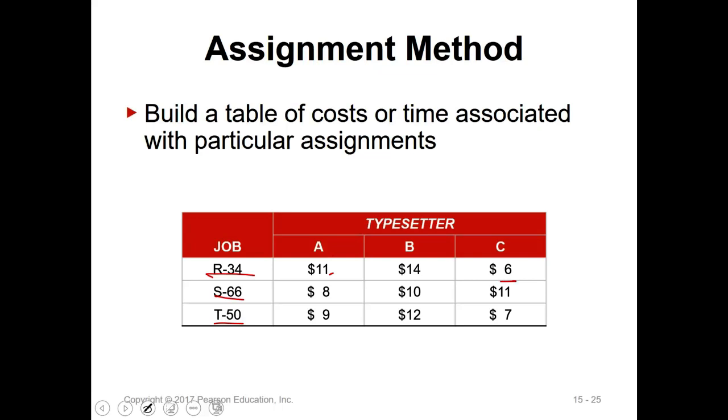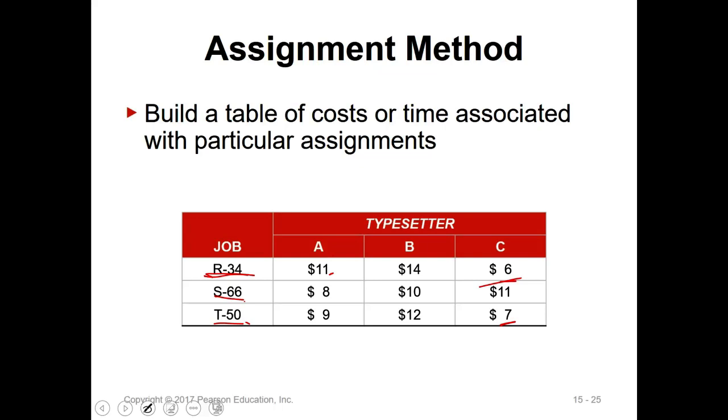Our idea is to assign R34, S66, T50 to A, to B, or to C. You don't know which one you are going to assign at this moment. You think, oh, how about I assign this one to C? It looks like this is the minimum cost. How about others? You also have the minimum. This is $7.